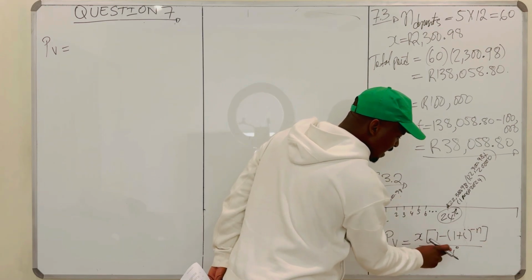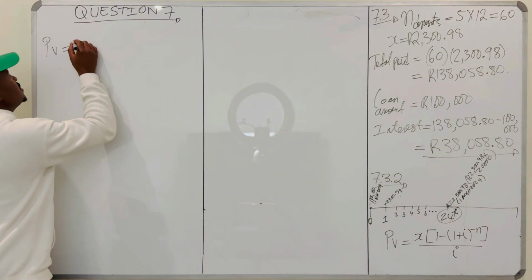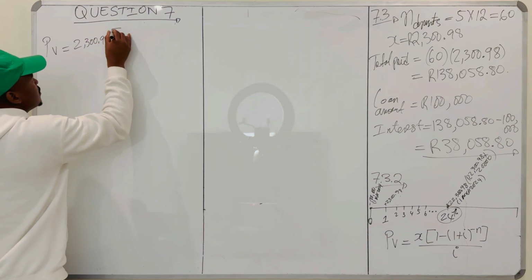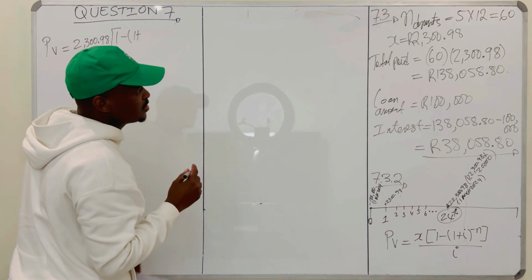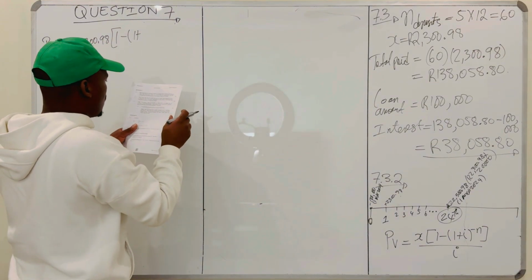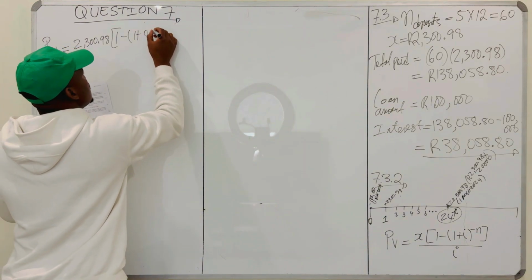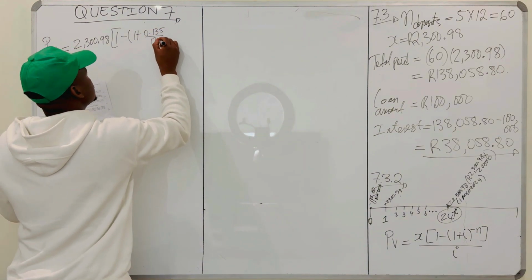So we're going to say 2,300 rands 98 cents into 1 minus (1 plus i). What is the interest rate? The interest rate was charged at 0.135 over 12.